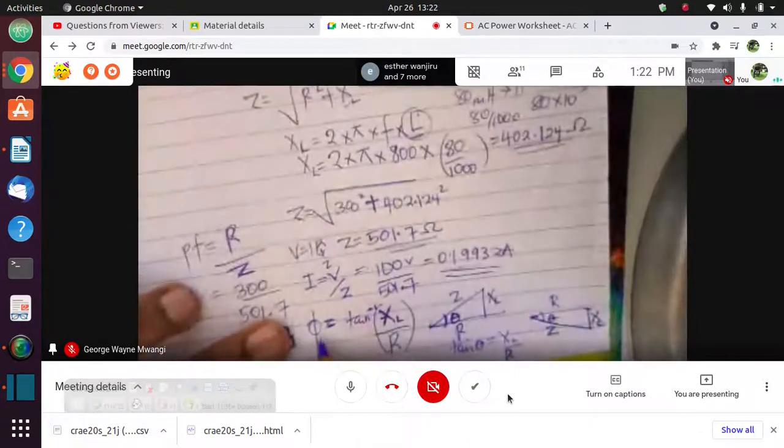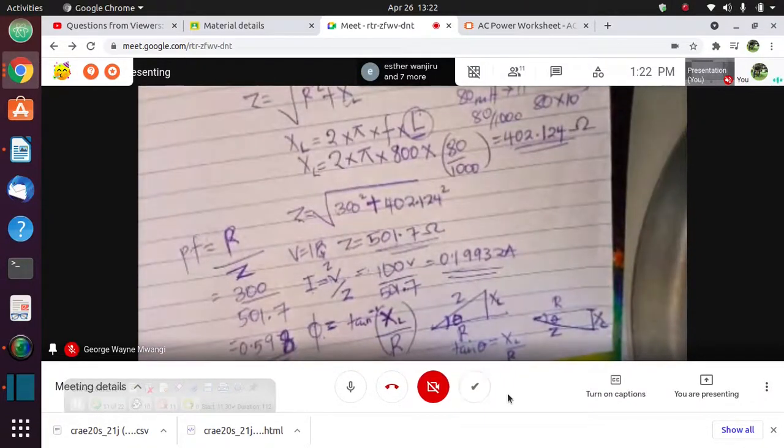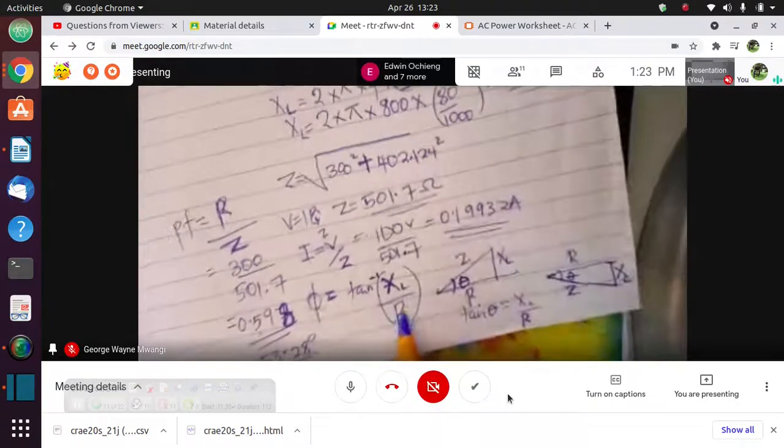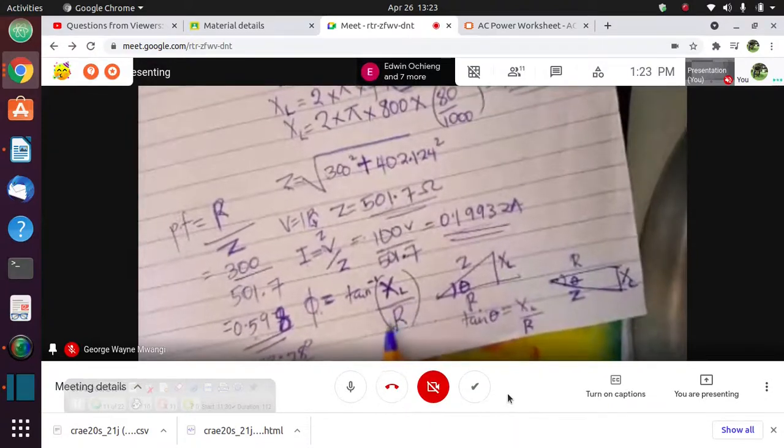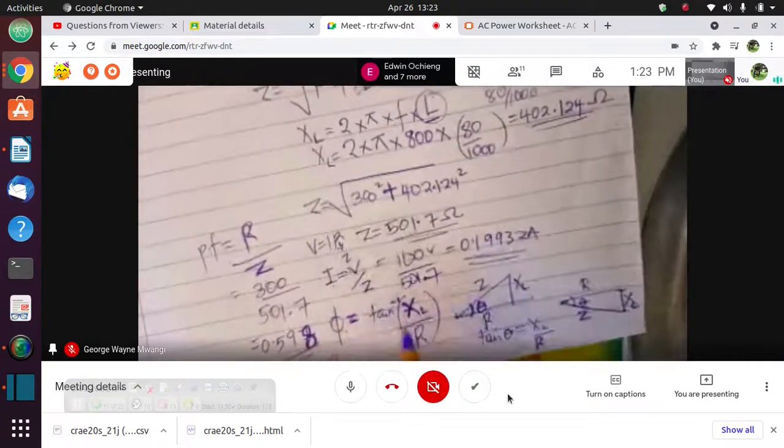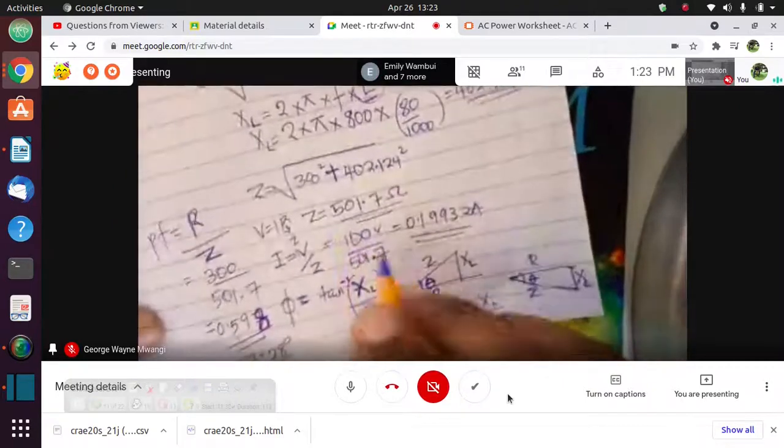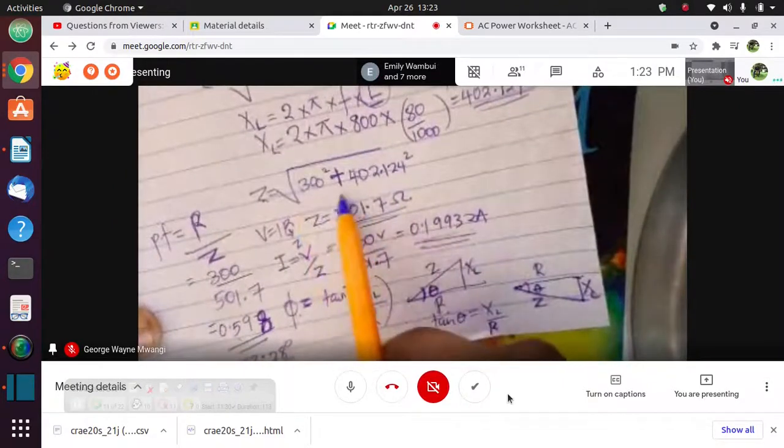Phase angle, we had done this before. Phase angle is given as the tan inverse of the inductive reactance XL over the resistance. So in this case, the value of our inductive reactance is, what did we get?